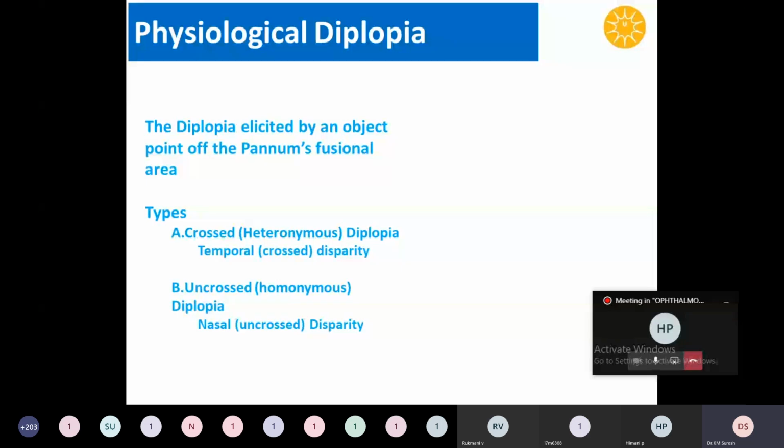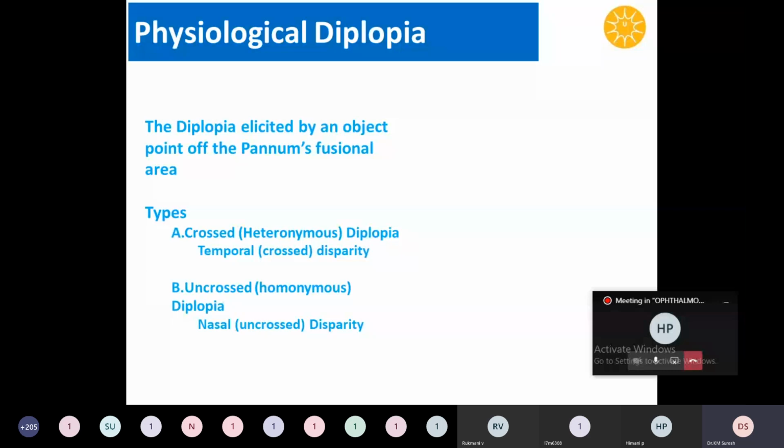Now you should know about this, you cannot escape. Sometimes an examiner may ask you what is physiological diplopia. It is the diplopia elicited by an object point outside Panum's fusional area. When the object is in Panum's fusional area, there will be binocular single vision. If it goes away from Panum's fusional area, there will be physiological diplopia.